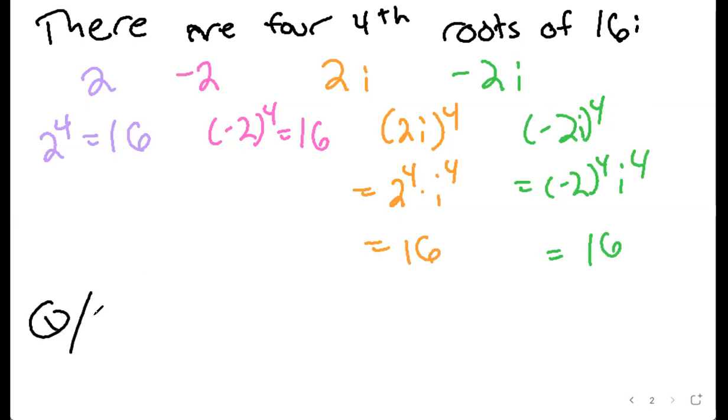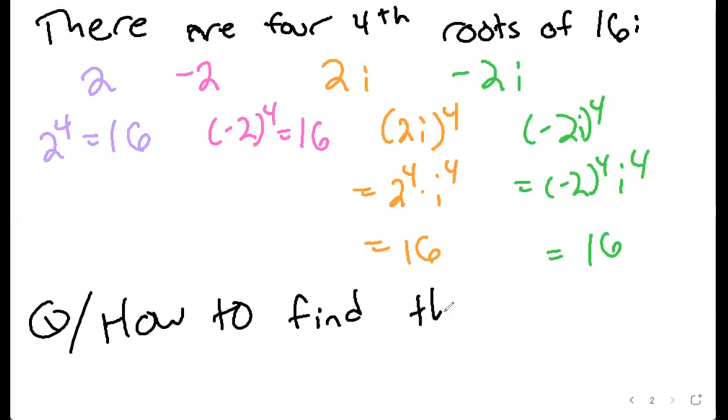What's the leftover question here? How to find them. So if I give you a complex number W and I say find the 3rd roots, the 4th roots, the 5th roots, the 6th roots, whatever, how do you go about finding them? That's going to be the point of the rest of this video.